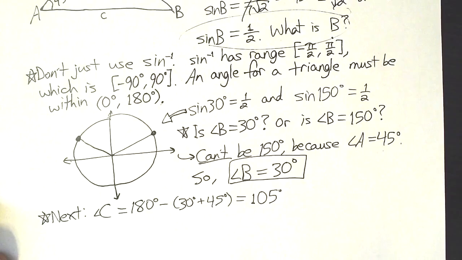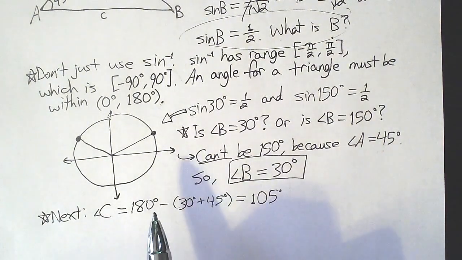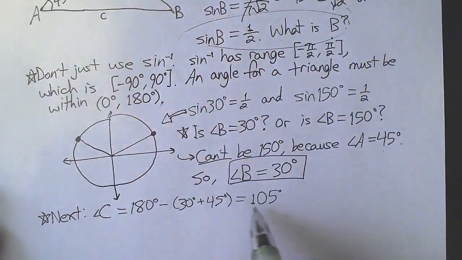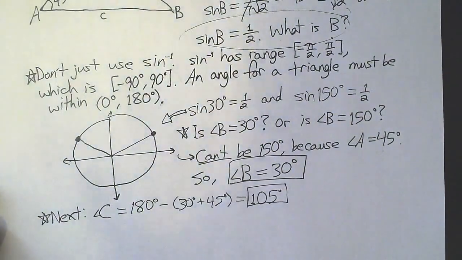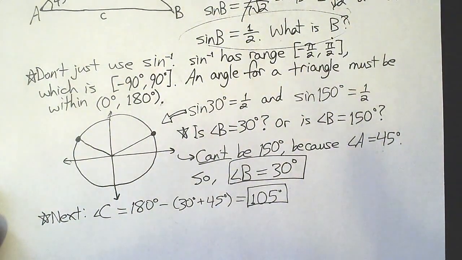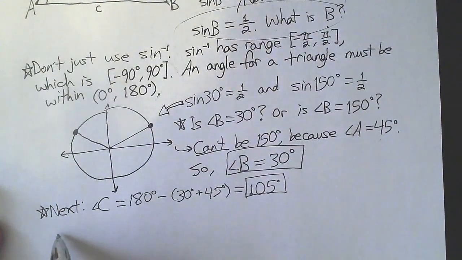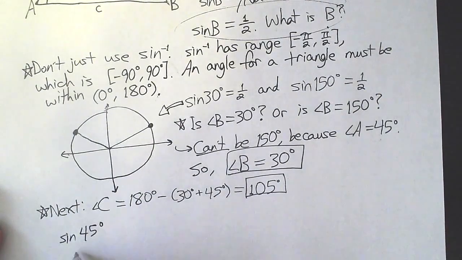Angle C must be 105 degrees, and that's to get all 3 of them to add up to 180. And then I guess we should use the law of sines again to find lowercase c. We don't have a ton of space here, but we'll make it work.